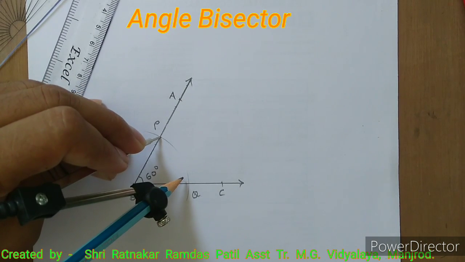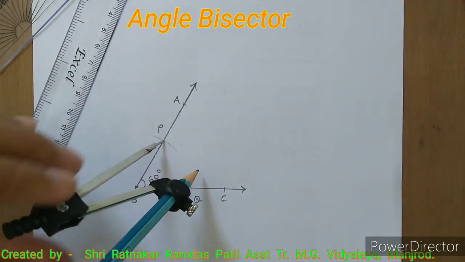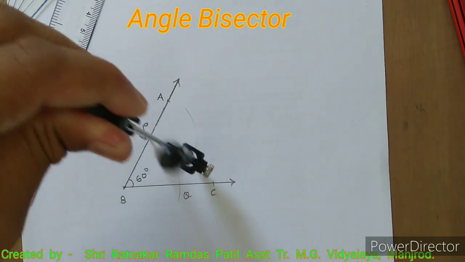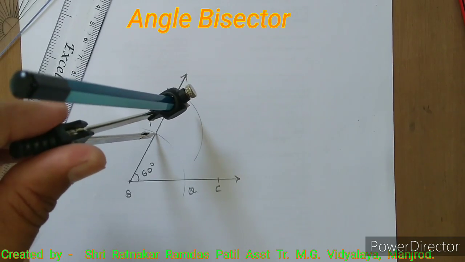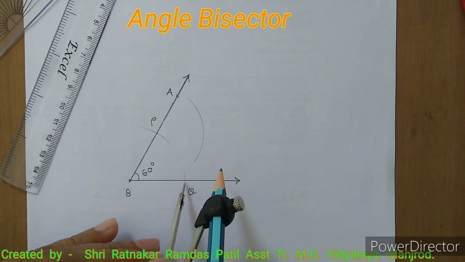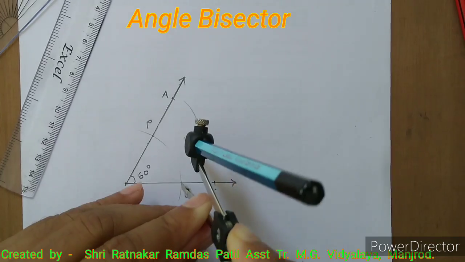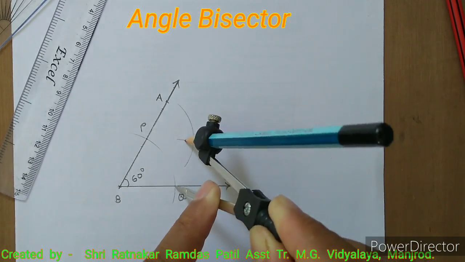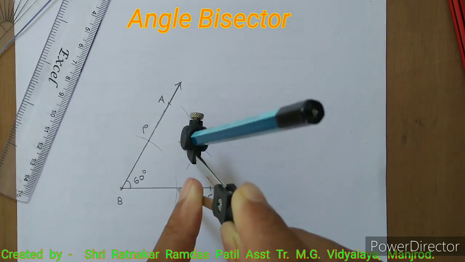I take greater than half of distance PQ and put iron end of compass at point P and draw first arc inside the angle ABC, and taking same distance put iron point of compass at point Q and draw second arc which intersect the arc before we draw.